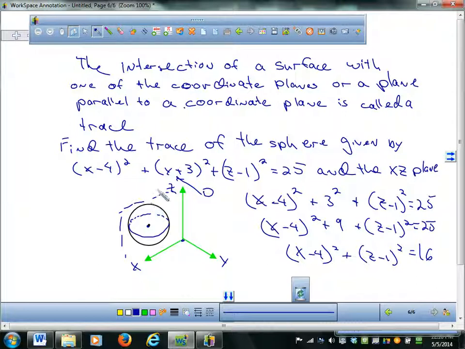So if I were to draw it, it's kind of sideways, right? It would be a cut. You'd be cutting this thing like that. So you get this slice in here that has a radius of 4. See that? Wouldn't the circle's radius be the same as the sphere's radius?